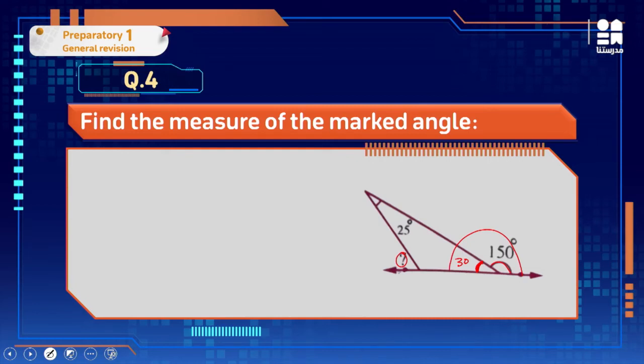And as we know, the exterior angle of this triangle is the sum of the two other interior angles. So the question mark is the sum of 25 and 30. I need to add the other two interior angles, not this one, which gives 55.